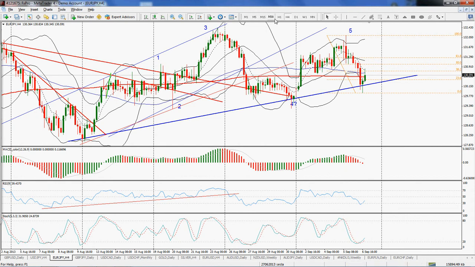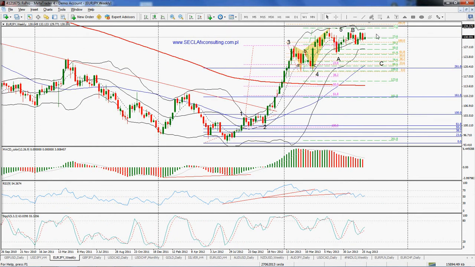Euro Japanese yen on the weekly chart. That was a strong reversal signal: the previous candle broke through the Bollinger middle band, and the last one is a kind of shooting star candle, a candle which still stays above the Bollinger middle band, but you can see that long upper shadow. So that's the weakness in my opinion.